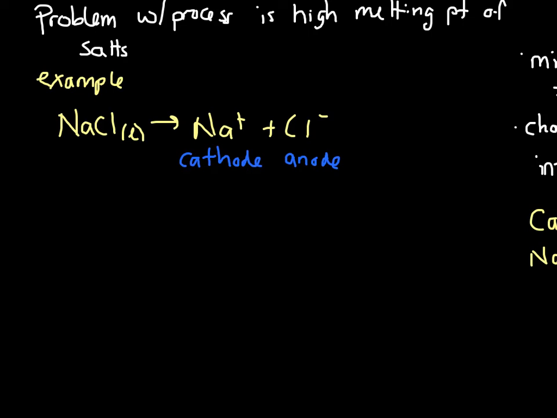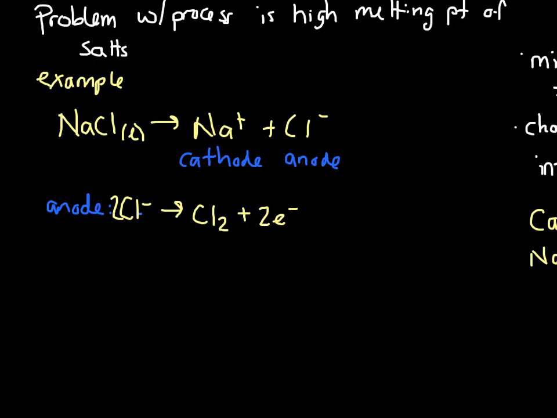So now that we have identified what's going where, we can write our appropriate half reactions. So at the anode, we have chlorine. Chlorine is going to be oxidized, and therefore it is going to be giving off electrons. It's going to give off 2 electrons because chlorine is a diatomic, therefore we need to account for both of those electrons.